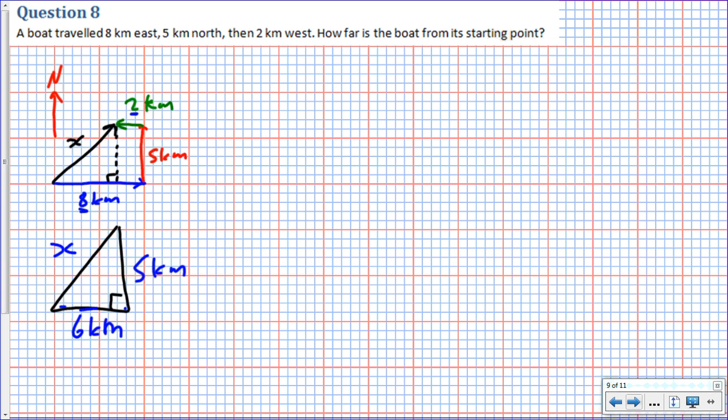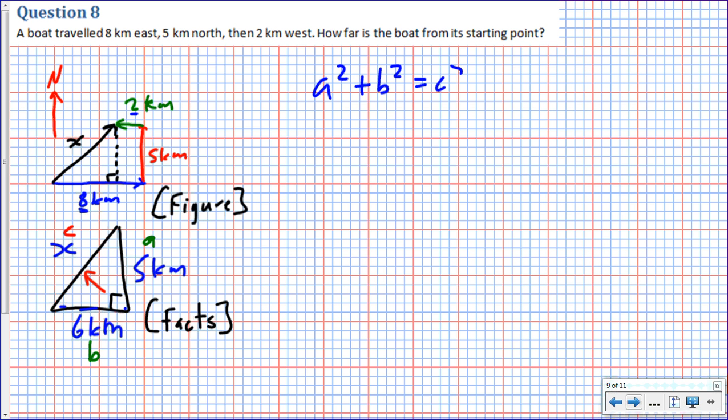So again, we label our diagram. So it's going to be C, and A and B are going to be either side of the right angle. So again, we've got our figure, and we've got our facts. I've got facts written in such a way that we can just read on. So A squared plus B squared equals C squared. So there's our formula now.